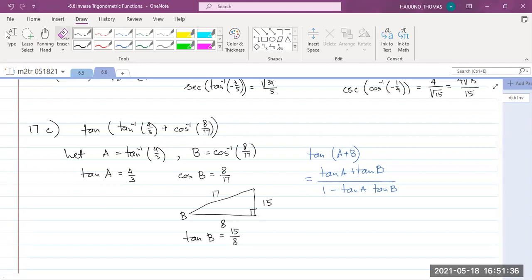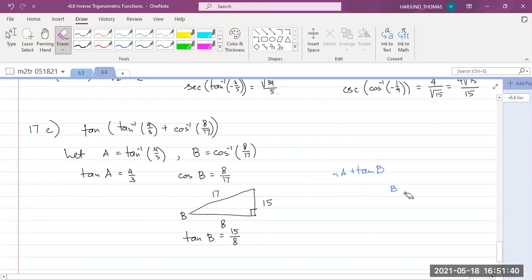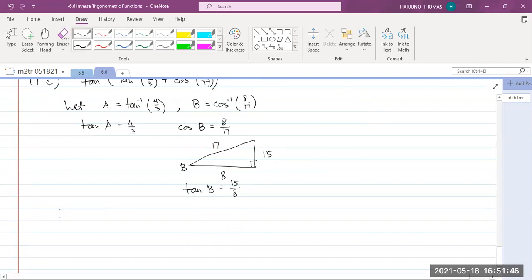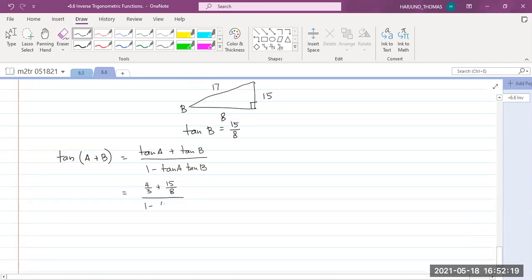Okay, so then I continue. Tangent A plus B equals tangent A plus tangent B over 1 minus tangent A tangent B. That's 4 over 3 plus 15 over 8, big over 1 minus 4/3 times 15/8.